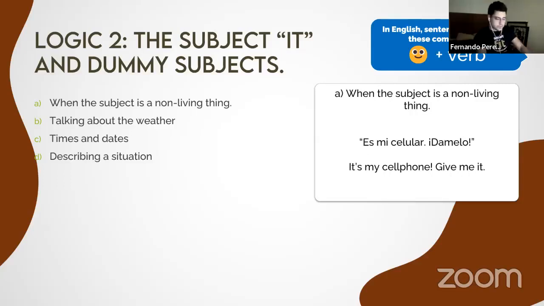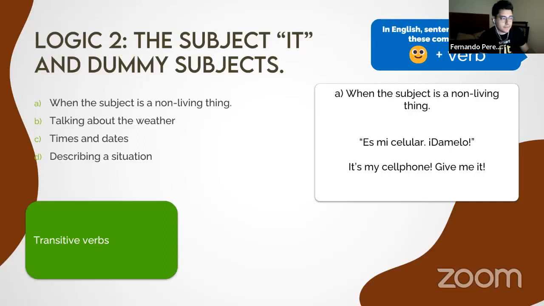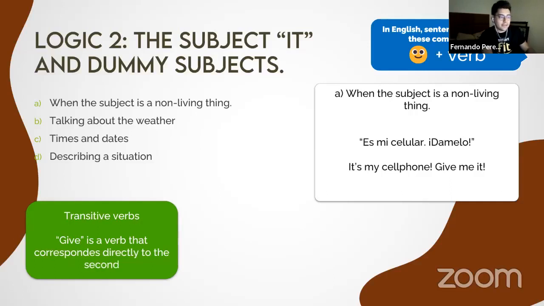Okay, you are very, very close. In this case, we need to understand the relation between transitive verbs, because when you are talking about the verb give, give is a verb that corresponds directly to the secondary thing.